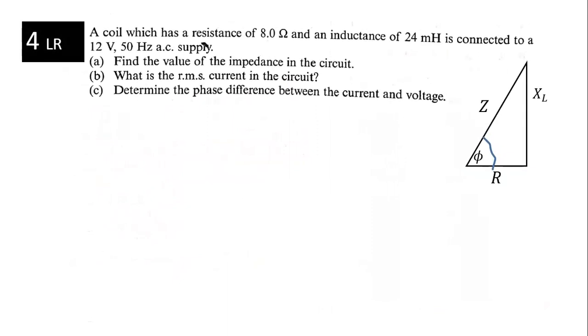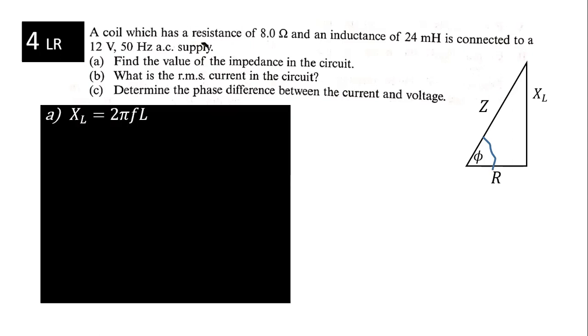Okay, try this question. A coil of resistance 8 ohm and inductance 24 millihenry is connected to a 12 volt 50 hertz AC supply. Find the value of the impedance.